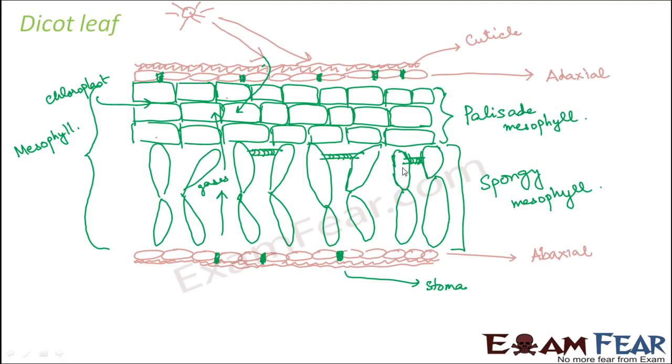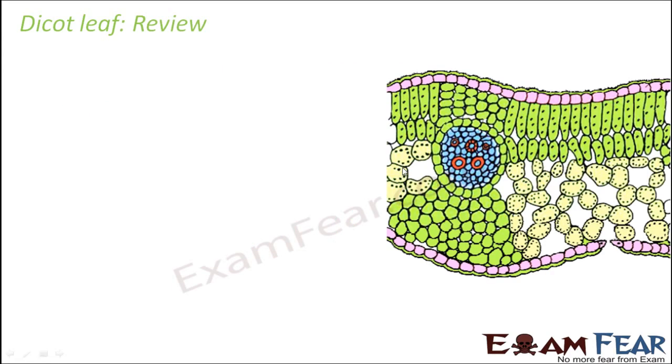Palisade mesophyll cells are compactly arranged side by side so that more and more cells can be accommodated in a small amount of space to trap more and more sunlight. Chloroplast is also present in this layer. Whereas the layer below is the spongy mesophyll, where the cells are arranged with a lot of spaces in between them. These spaces are used to store gases which are later required for photosynthesis.